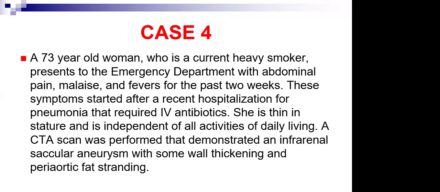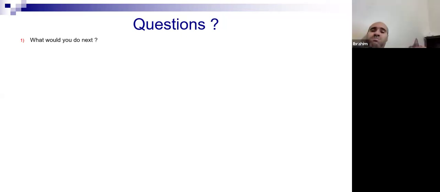Then I'll ask about the history of abdominal pain, site, onset, duration, any surgical history, any family history. We'll ask about connective tissue disease and family history of aneurysm. Then we'll go for examination: vital signs, cardiopulmonary examination, abdominal examination, lower limb examination including femoral and distal pulses.